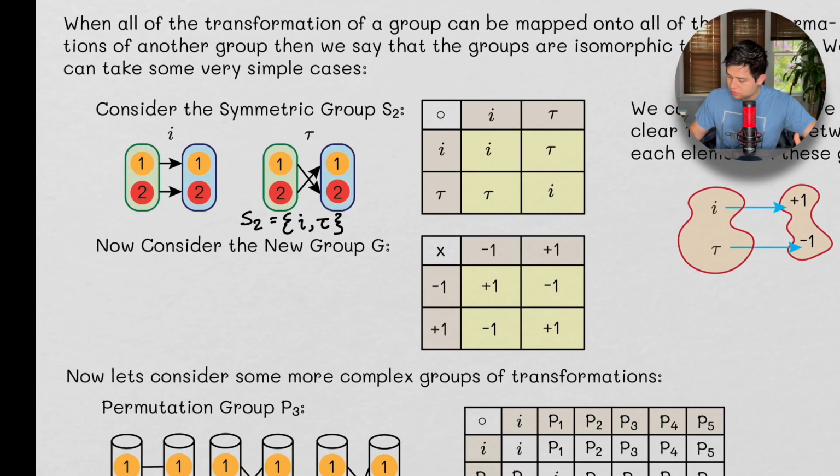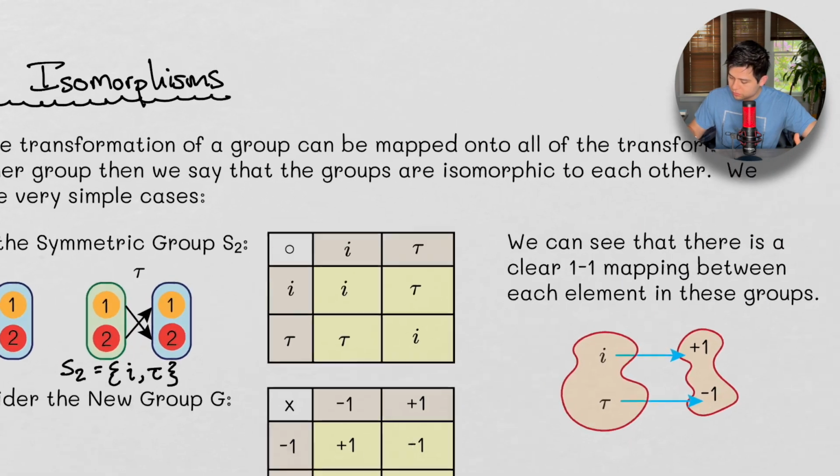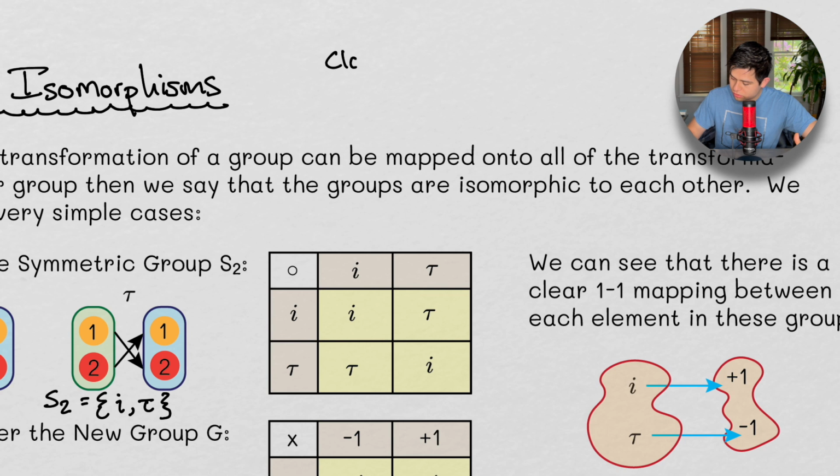So let's write that down right here. Closure. Associativity. It has to contain the identity. And it has to have an inverse. Alright, so these are all the properties of a group.